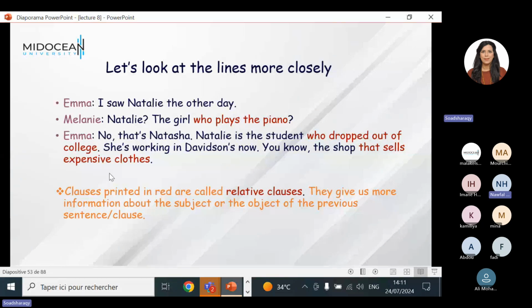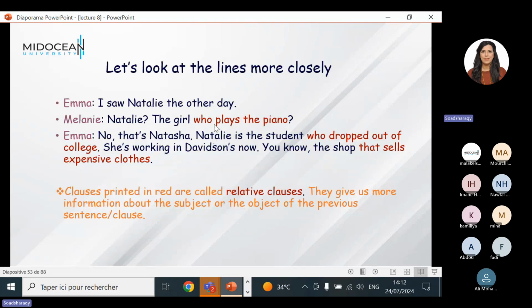Okay. Thank you for reading. I explain now. Clauses printed in red are called relative clauses. Okay, so here, these are relative clauses: who plays the piano, who dropped out of college, that sells expensive clothes. So these relative clauses give us more information about the subject or the object of the previous sentence or clause.